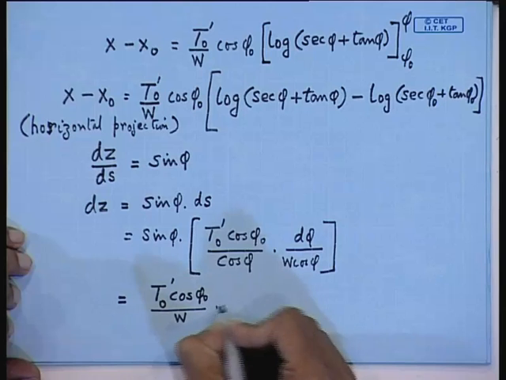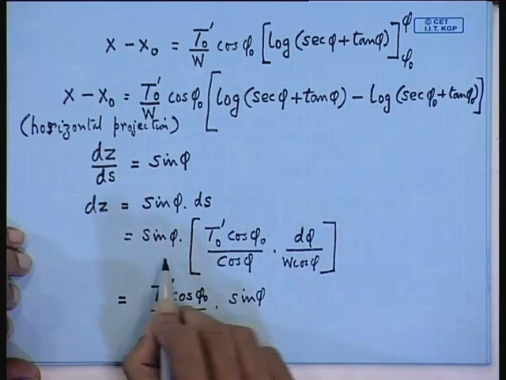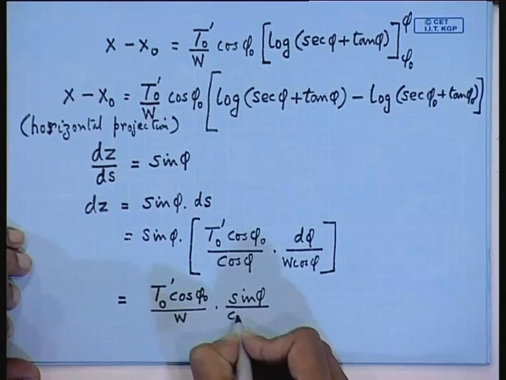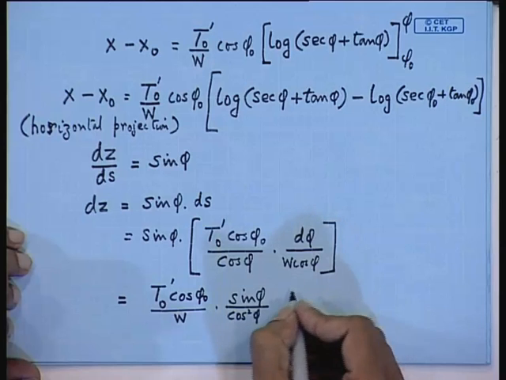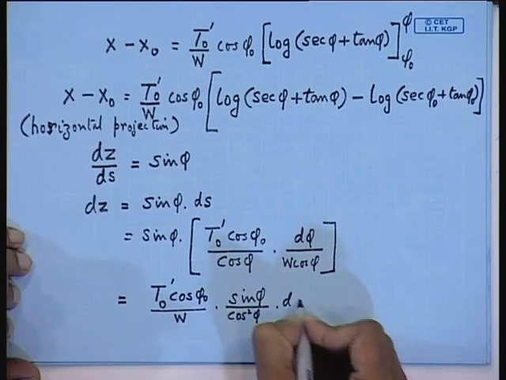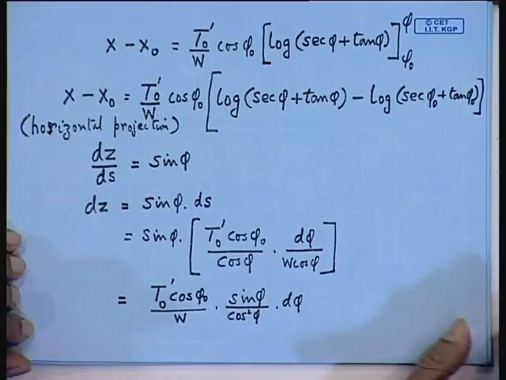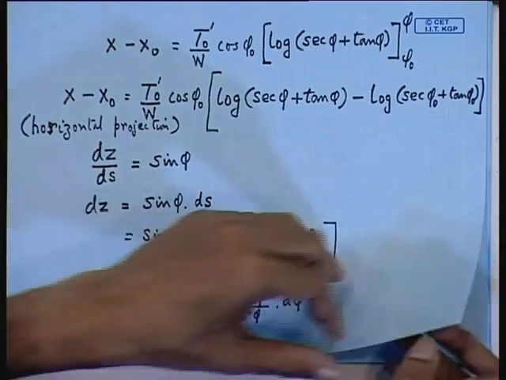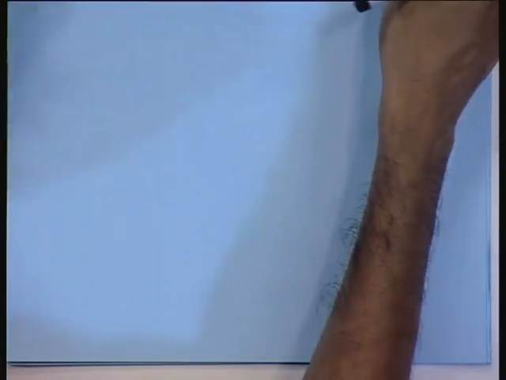The other term you get is sin phi, and this will be cos square phi multiplied by cos phi, again d phi. If you integrate this, you will get z minus z naught, the vertical projection of the catenary.